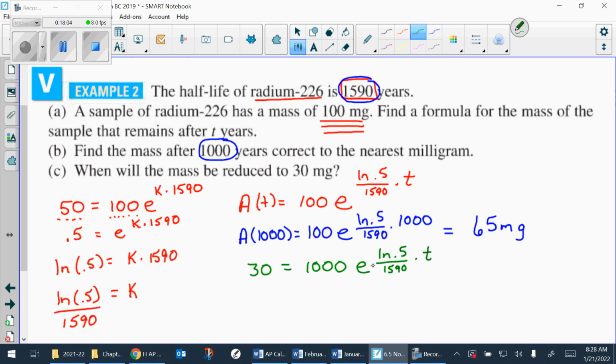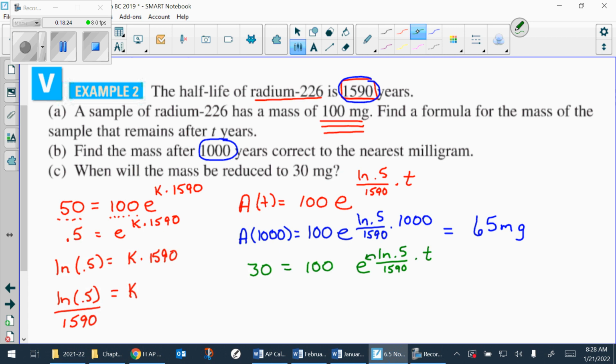And I didn't write it real well, but remember that this is an exponent on the e. I would divide by 1,000. Oh, sorry. Remember, 1,000. That was 100. Sorry about that.